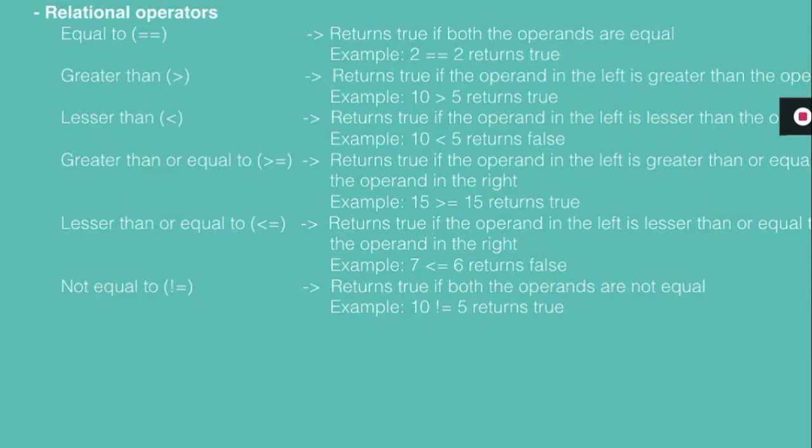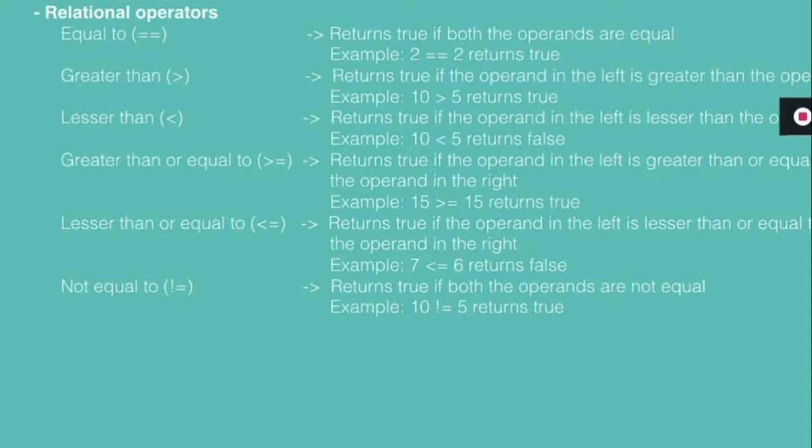Now coming to our further topics, we will see what our logical operators are. As you can see over here, there are three logical operators. Each logical operator is used to give us a boolean value each time.